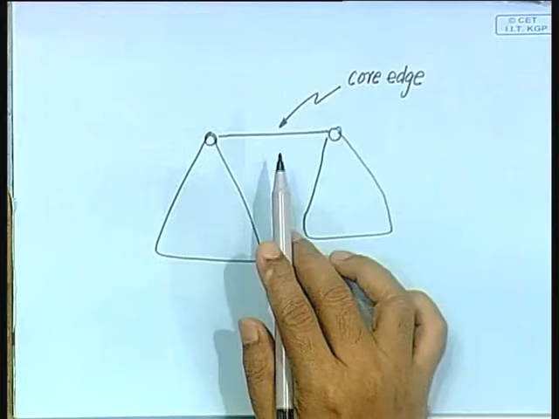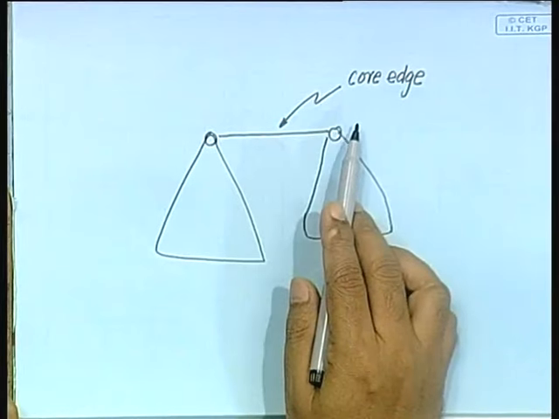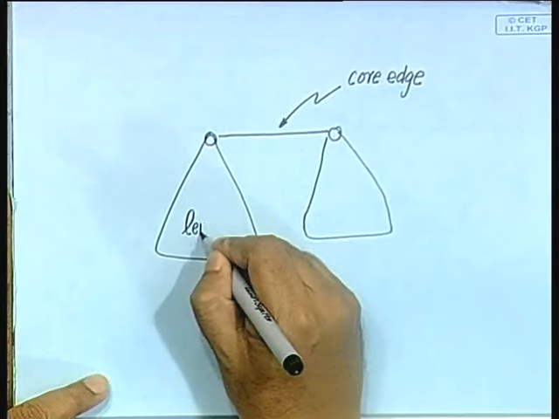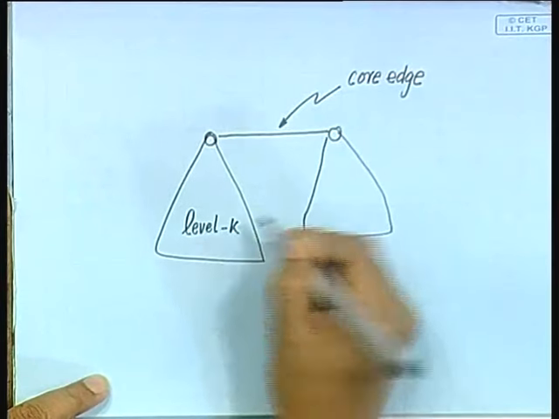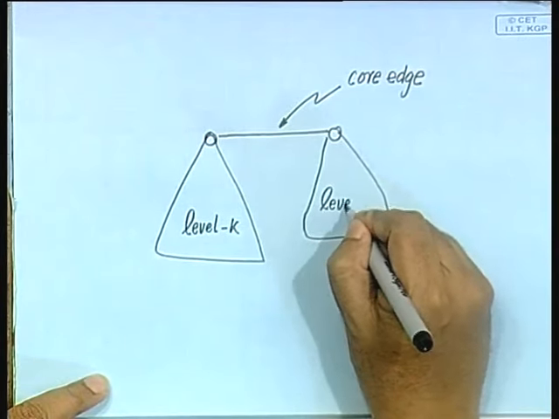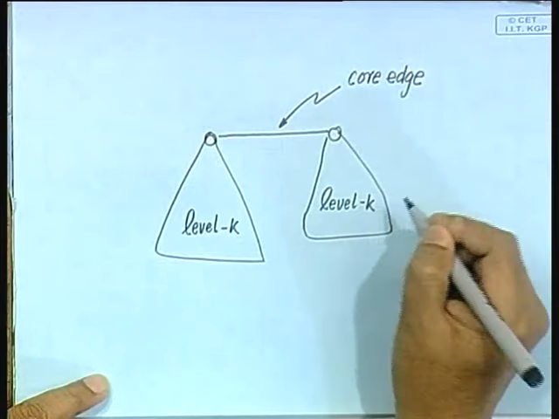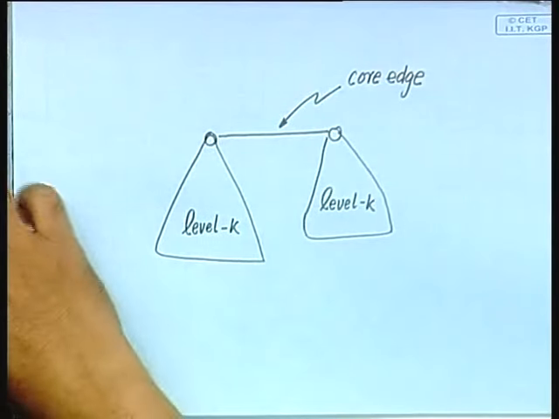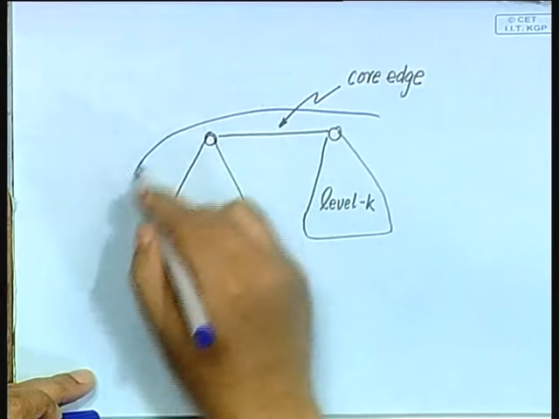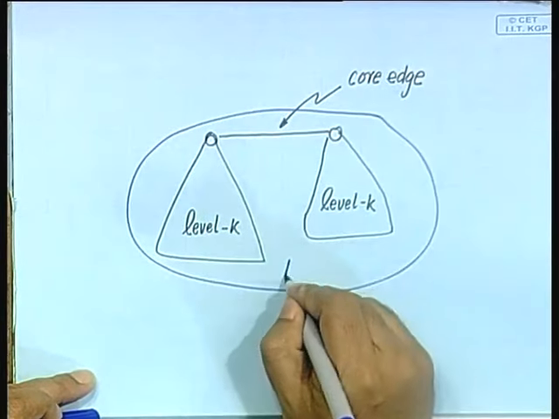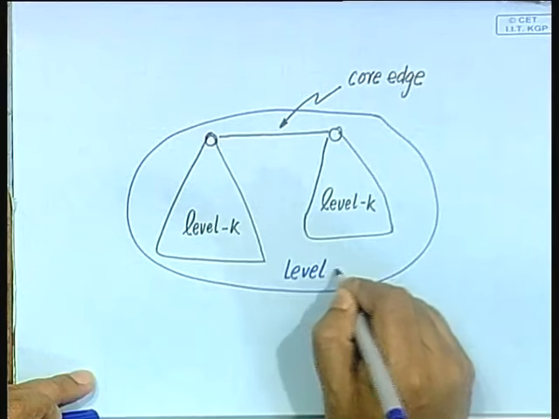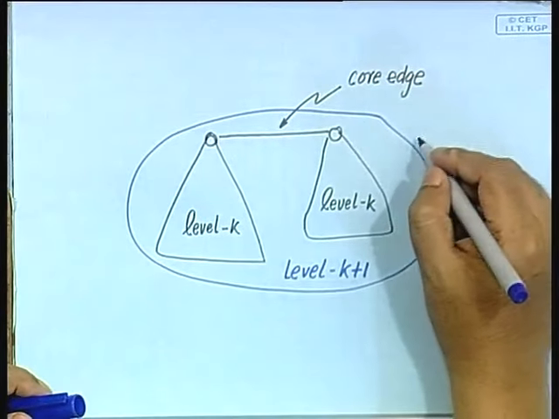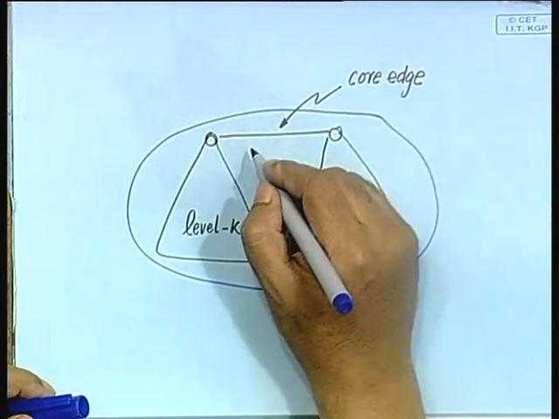We will call this the core edge of the new fragment, and if this was level k, then the integrated one will have level k plus 1, and the name of this will be the weight of this.